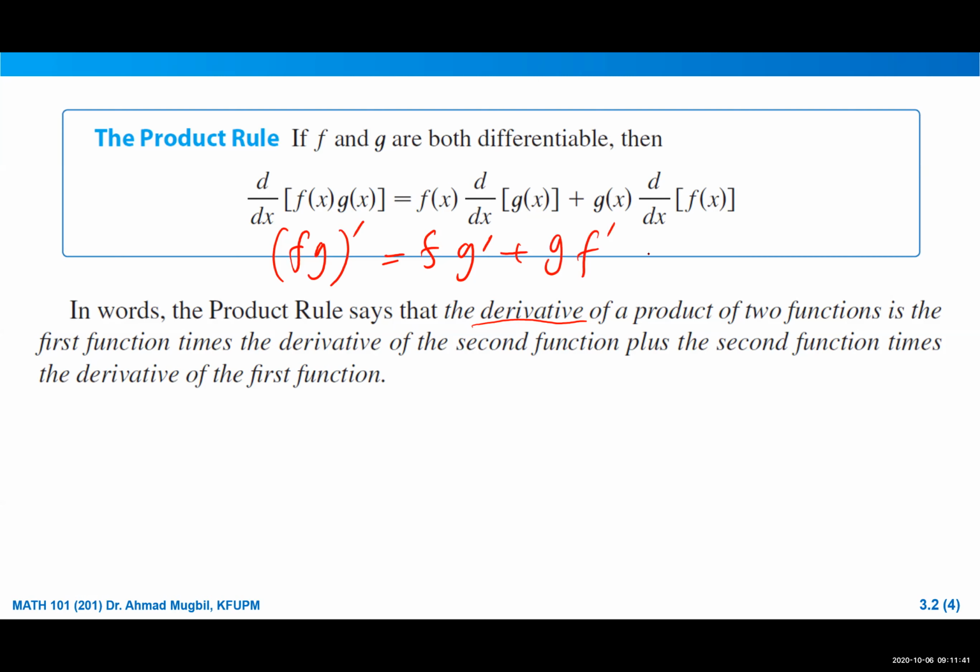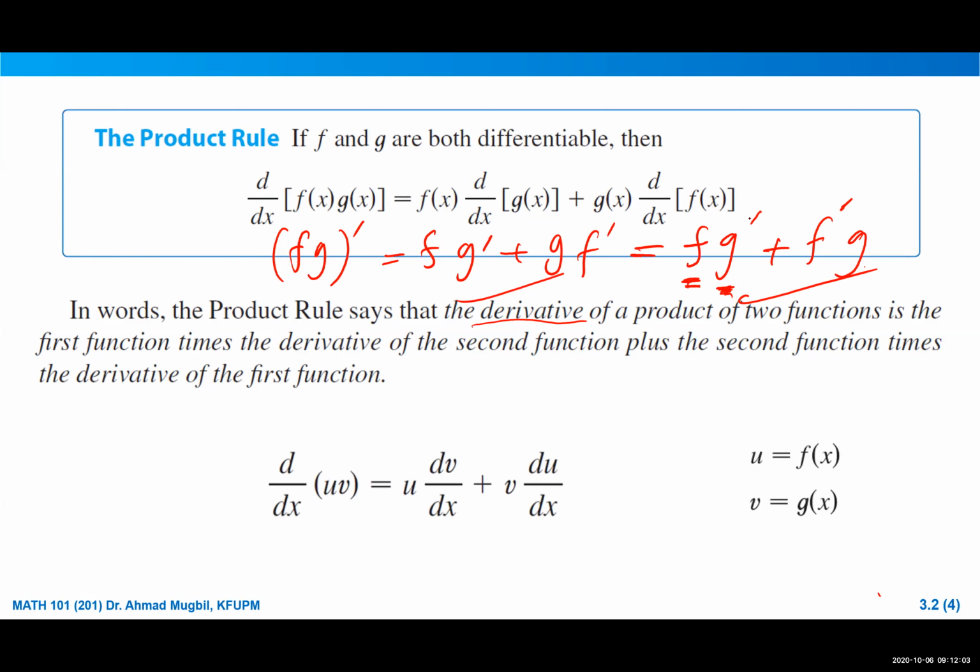I usually prefer to write it this way, but it is the same. It is f g prime plus f prime g. Is there any problem if I did that? No, the product is commutative. So I will always put f at the beginning and g at the end. So first f, then the derivative of g, then f prime g. It is okay, use this or this equivalent.